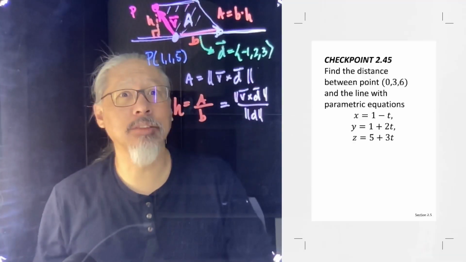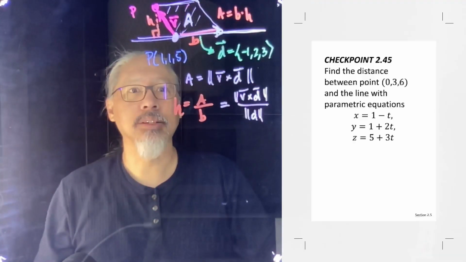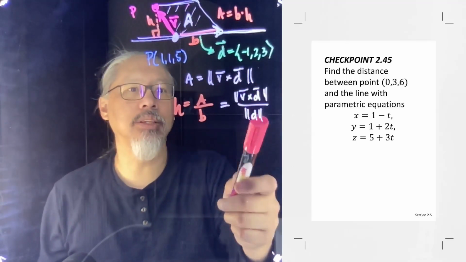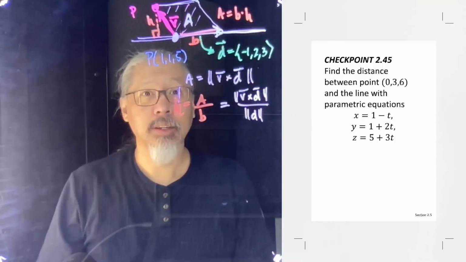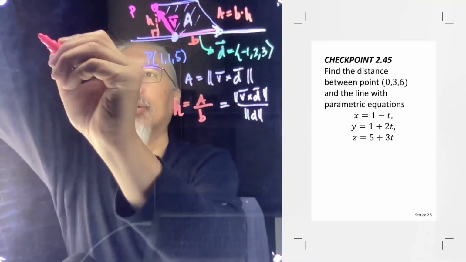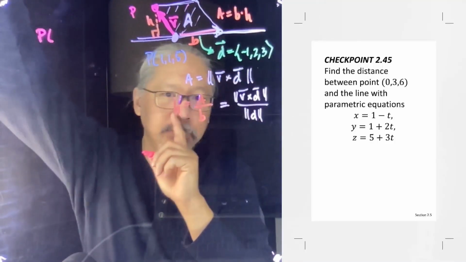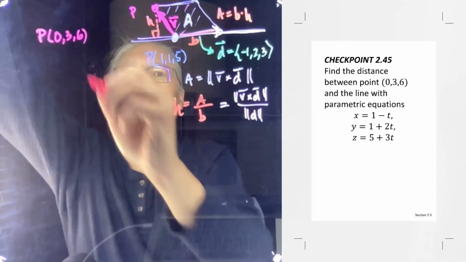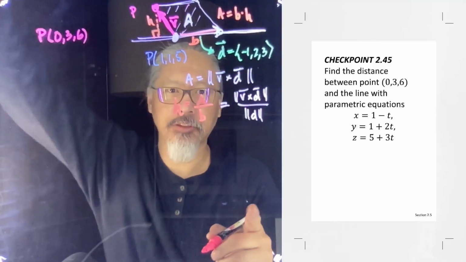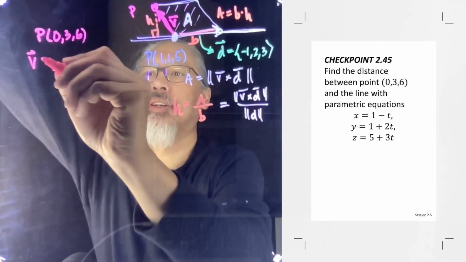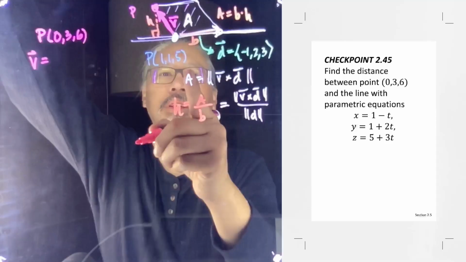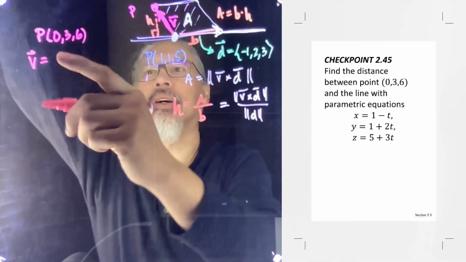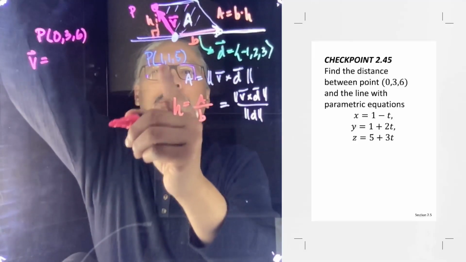Okay, so based on that picture, we have ourselves a formula. And so now we just have to identify those pieces. It looks like we have P, and we have the d that we want, so we need v. What was that point again? That point was (0, 3, 6). So our v is going to be the difference between these 2. Now it really doesn't matter which one, but according to the picture we should draw the P vector minus this point that we got.